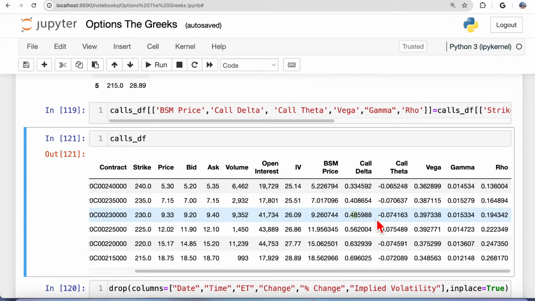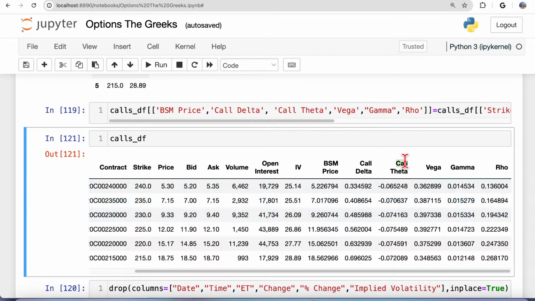Okay, so the stock was 227. If the stock keeps going up and up and up, call delta will change, and gamma tells us how much it will change. So delta will change by 0.01, you see? So that's how it will change.